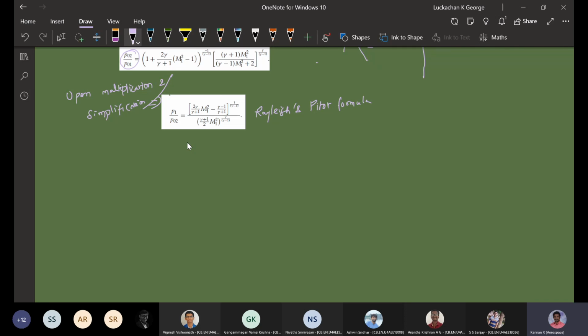You know P1, you know P02 from the probe, and you can find the Mach number, but solving will be a bit difficult. This is the Rayleigh supersonic Pitot formula.